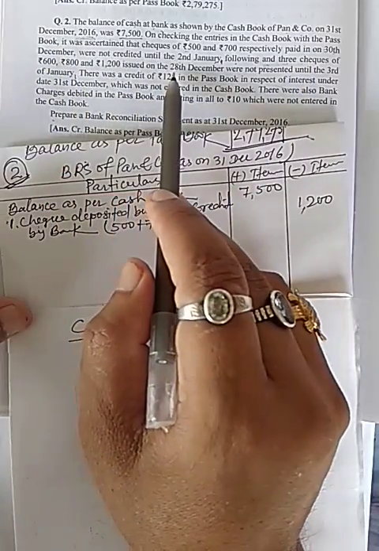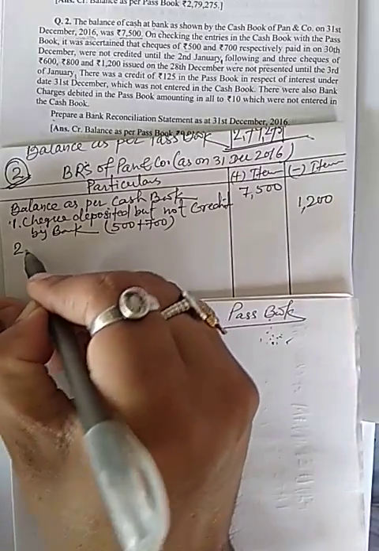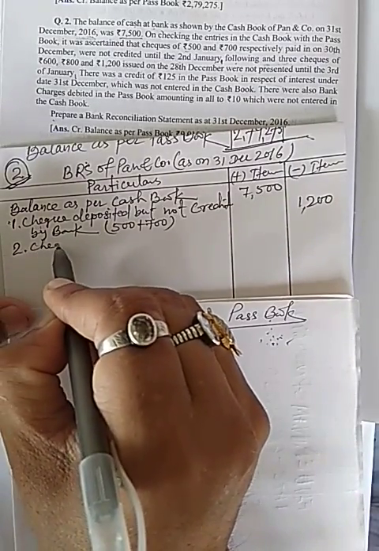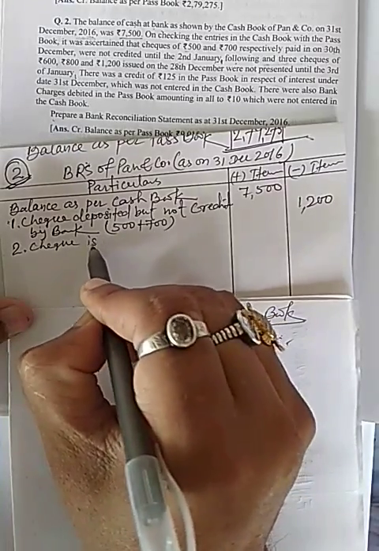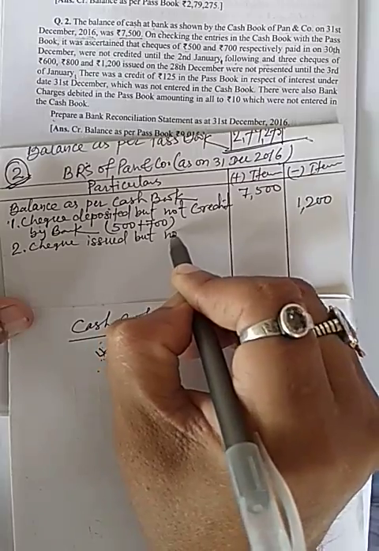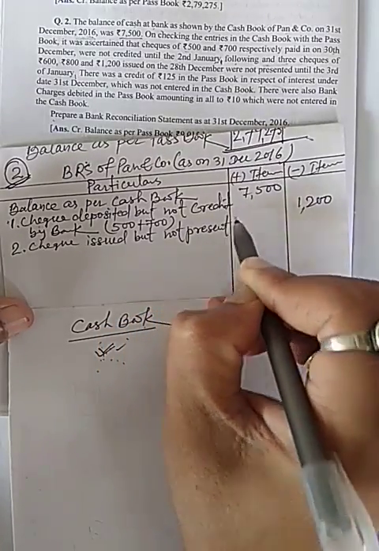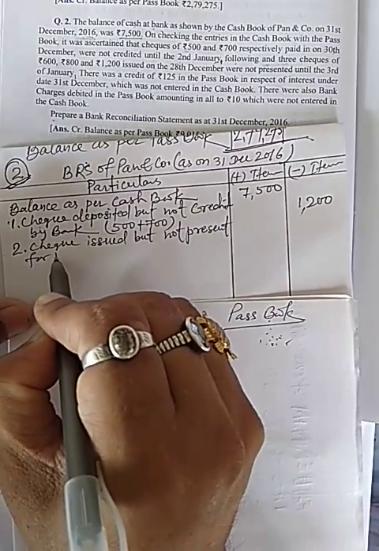So we will write as second statement, checks issued but not presented for payment.